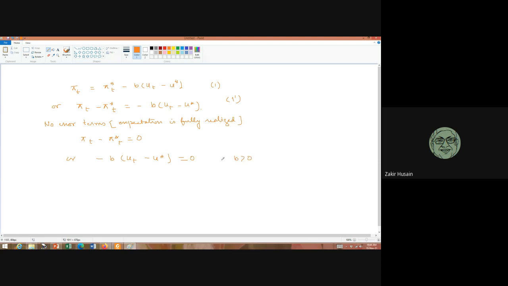Now remember, b is positive. So that means u t minus u star is equal to 0, or the current rate of unemployment is equal to the natural rate. Right?